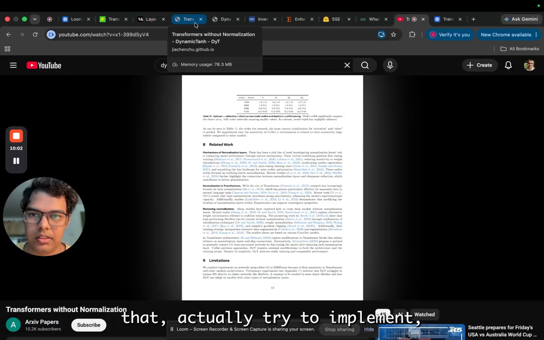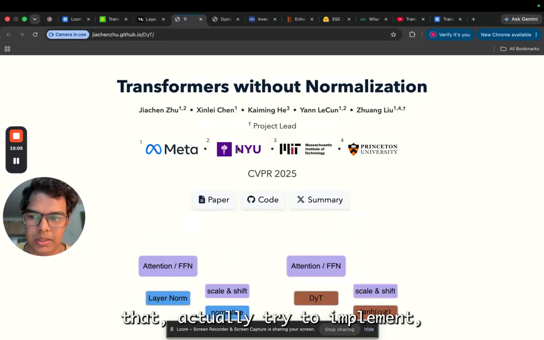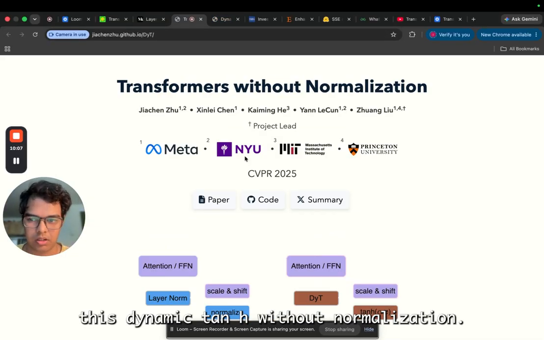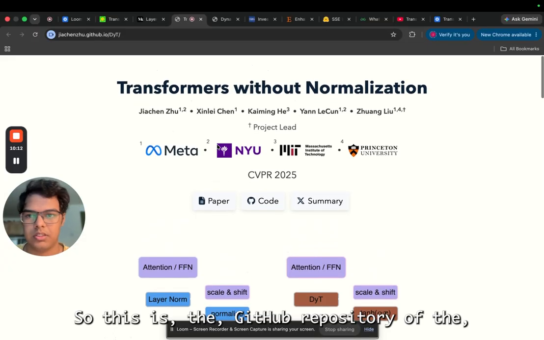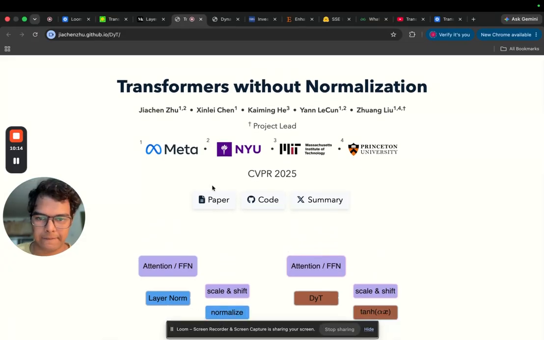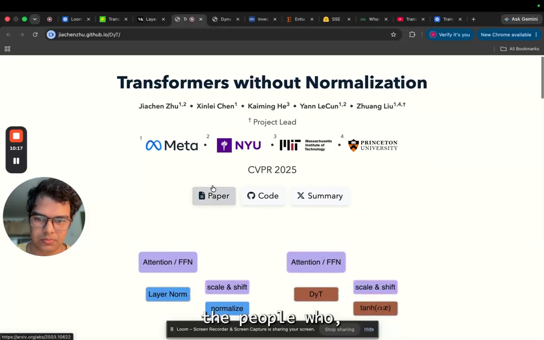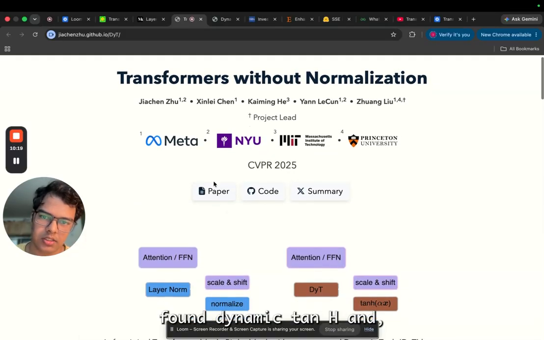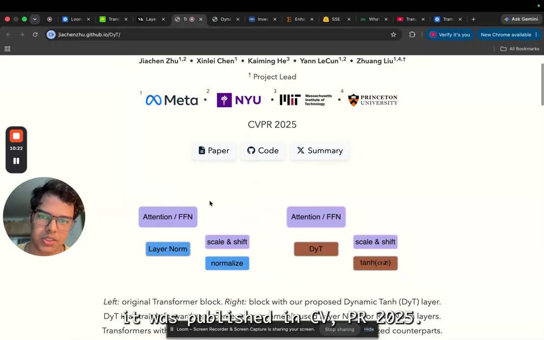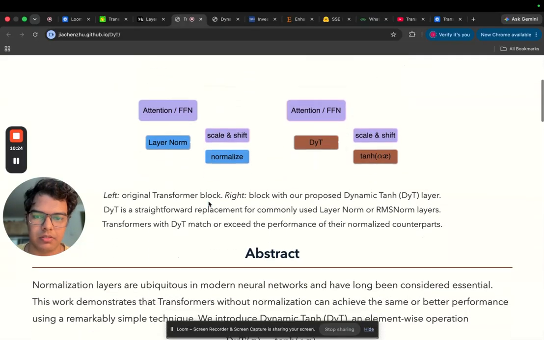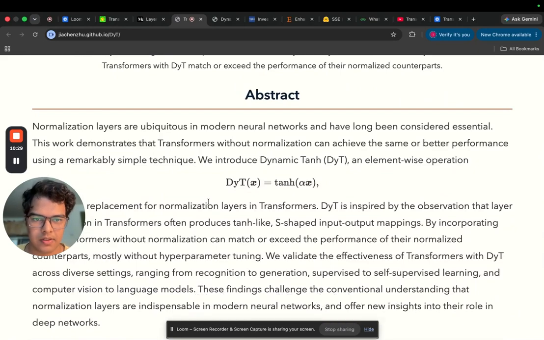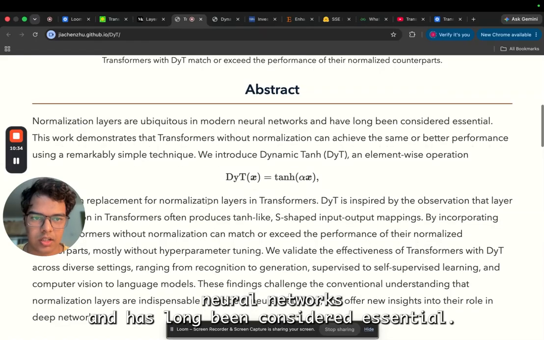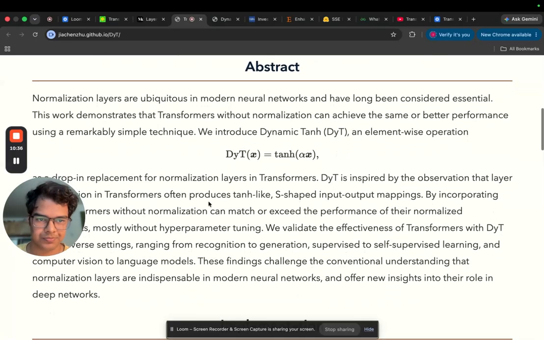When I looked into other applications of dynamic tanh, I found a few research papers on the internet that try to implement dynamic tanh without normalization. This is the GitHub repository of the people who found dynamic tanh, and it was published in CVPR 2025. It says normalization layers are ubiquitous in modern neural networks and have long been considered essential.